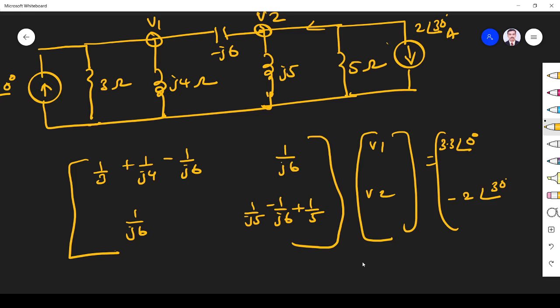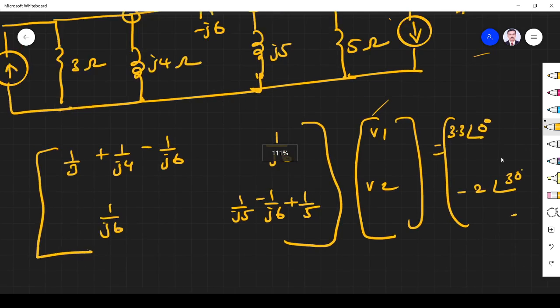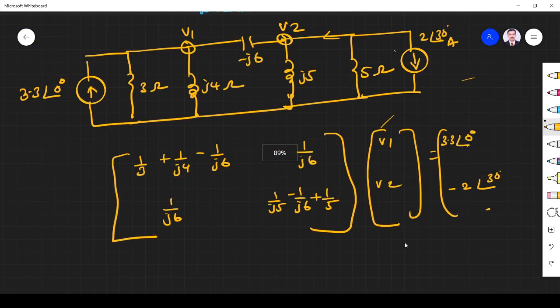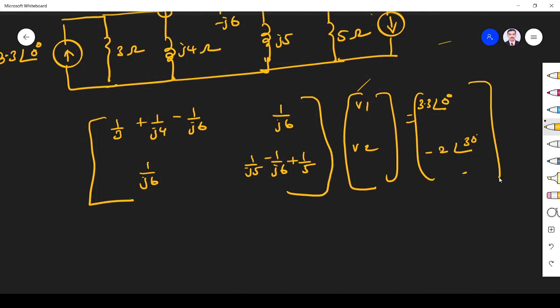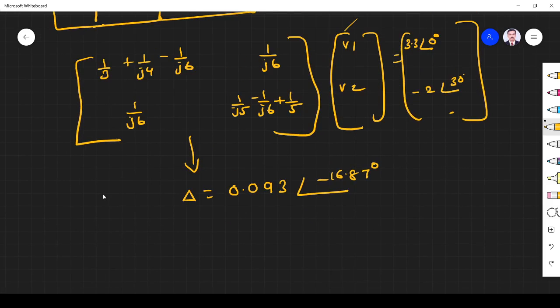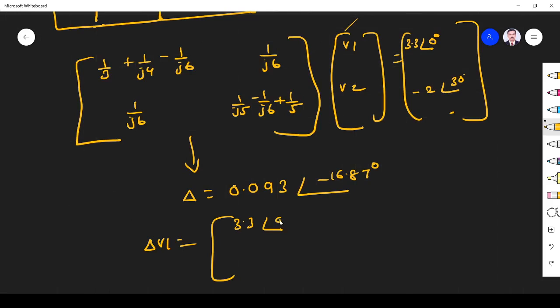Now we got everything. Okay, this is our matrix. So this matrix will give del. Del is equal to, if you simplify this matrix, what you get is 0.093 angle minus 16.87 degree. Fine. Now I want del V1. For del V1, I have to replace the first column by this: 3.33 angle 0 degree, minus 2 angle 30 degree.